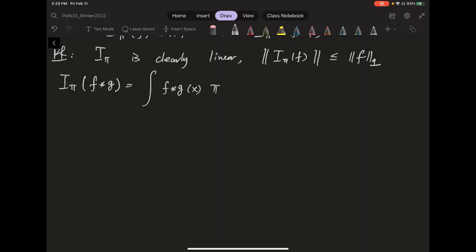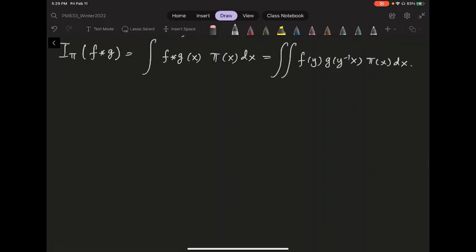I have f convolved with g of x, multiplied by this operator pi x, dx. First you divide it up. This is just f of y, g of y inverse x, and you have pi x dx. Here our group is no longer abelian, so I need to be extra careful about where I put the inverse.